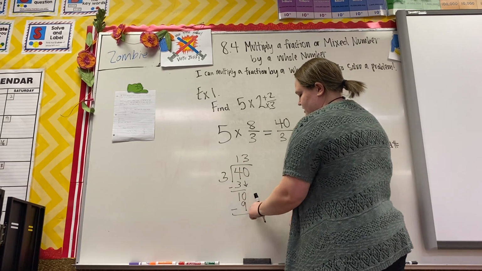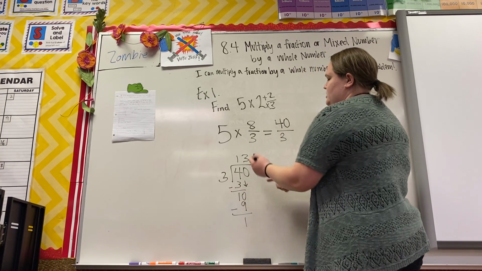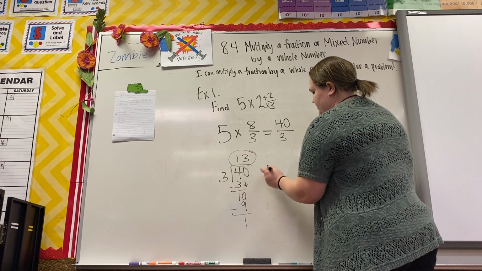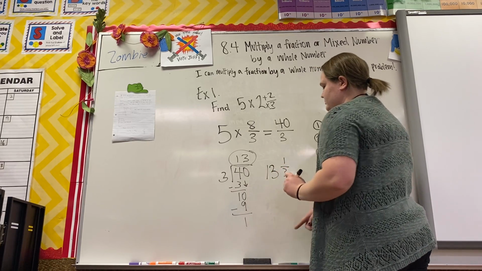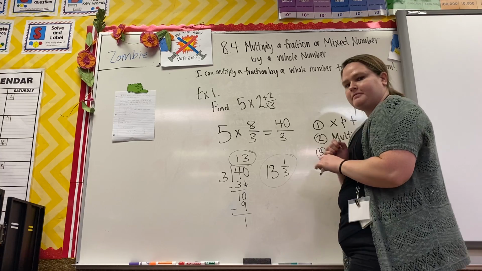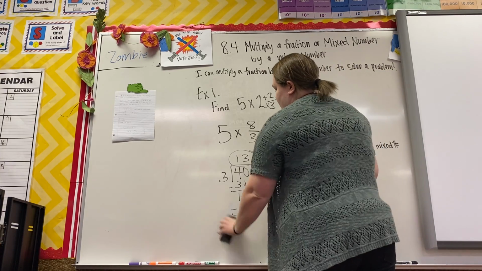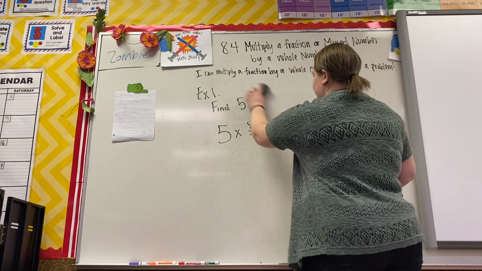And so then 10 take away 9 is 1. So I have 13 and 1/3. And that is my answer. Okay, let's try another one.